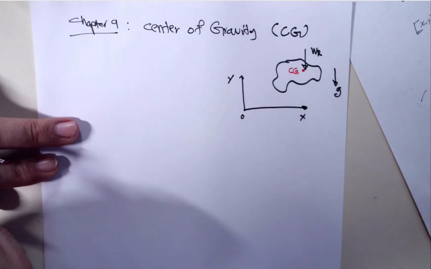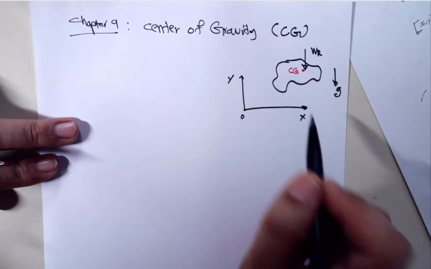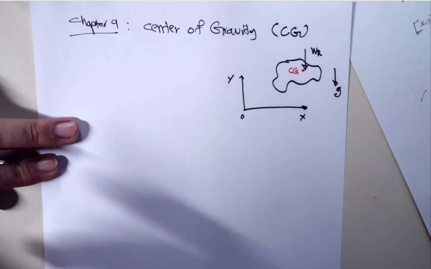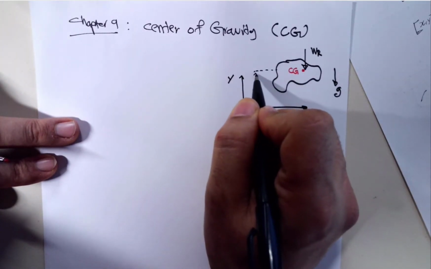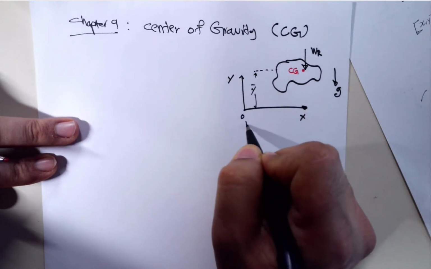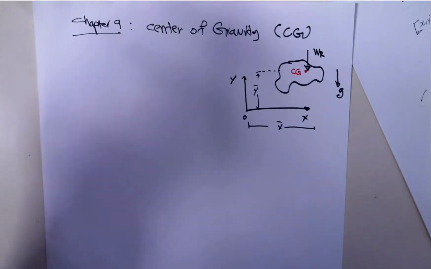Typically, this coordinate system is referenced to a point within the body, but for now we're going to generalize this problem. So we are looking at the location from the height, y bar, and also the location in the x direction.